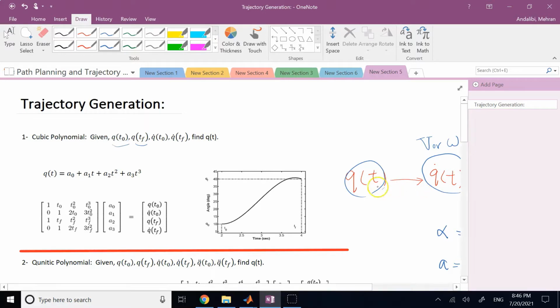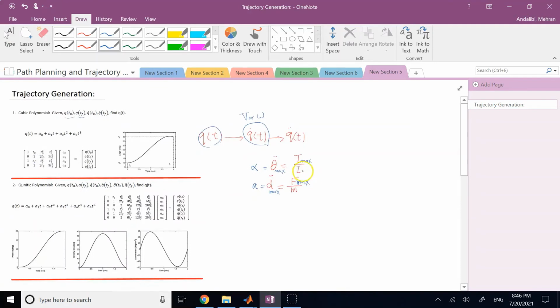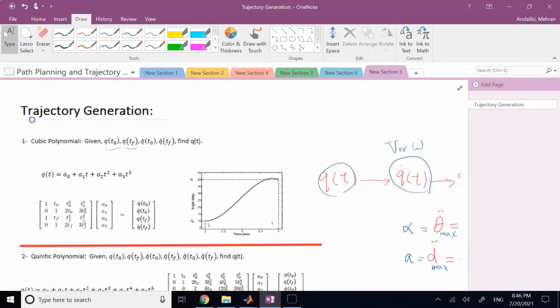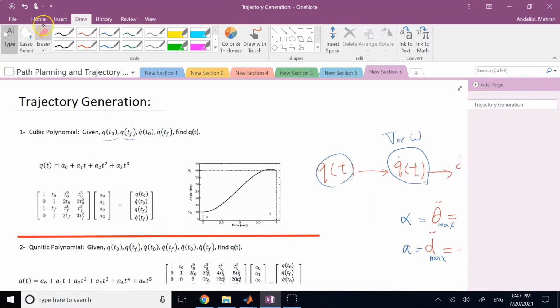And also when you calculate your angular acceleration, maybe it shows that your maximum angular acceleration, based on the inertia of the motor and the load, of course, this is the equivalent inertia, the torque is going to be, let's say, 100 Newton meters. Does your motor have that torque? Maybe, maybe not. So you have to know how these joint variables are changing versus time.